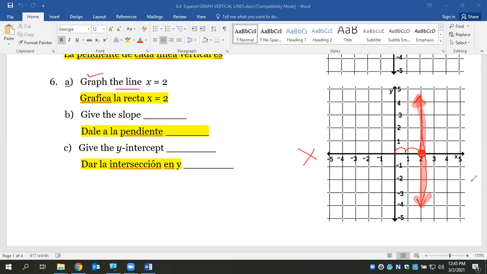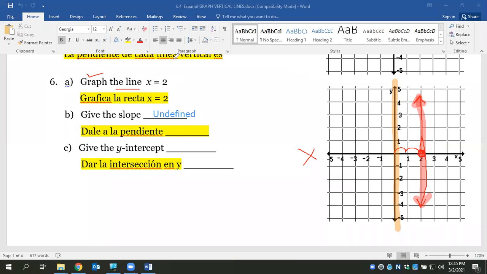Give the slope. Well, the slope is straight up and down. So the slope is going to be what? Undefined. Hopefully I spelled that correctly. And where is the y-intercept? Well, here's a good question because this is the y-axis. Does this line, the red line, cross the y-axis at all?